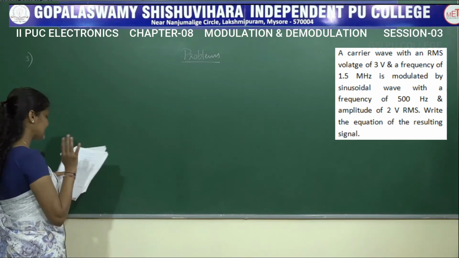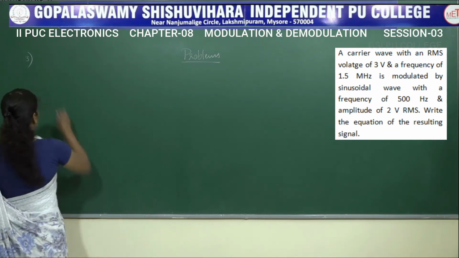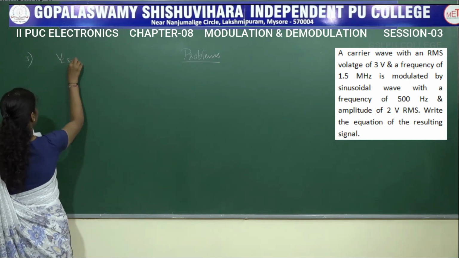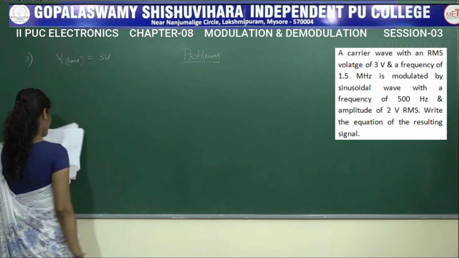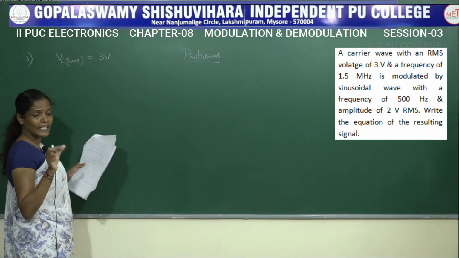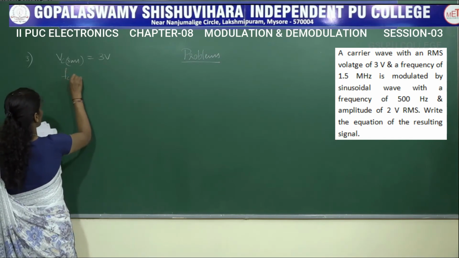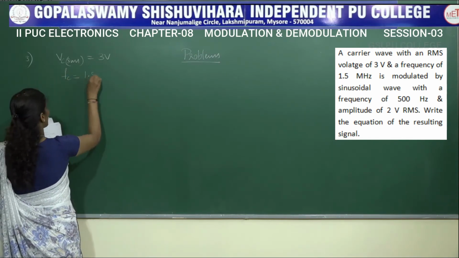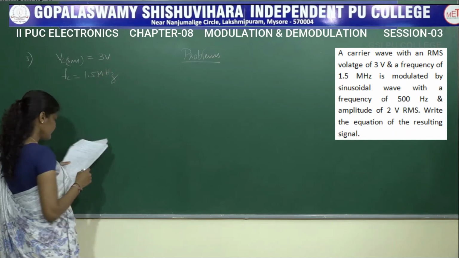So let us write it as it is, a carrier wave with an RMS value. So Vc RMS is given by 3 volts, and a frequency of 1.5 megahertz. Carrier wave frequency is denoted by FC, which is given by 1.5 megahertz. Clear?